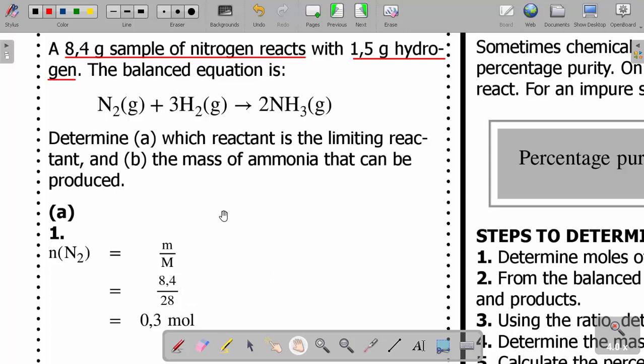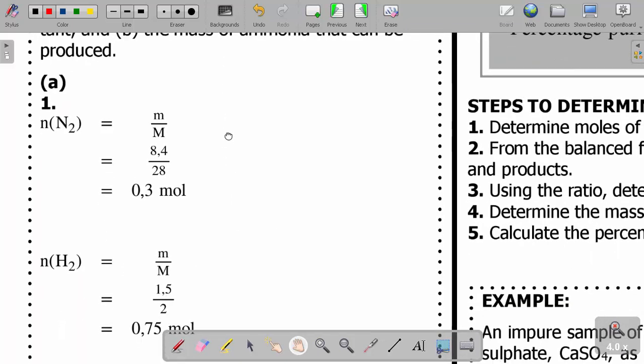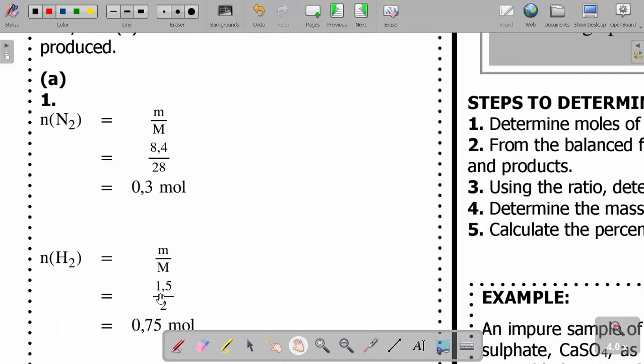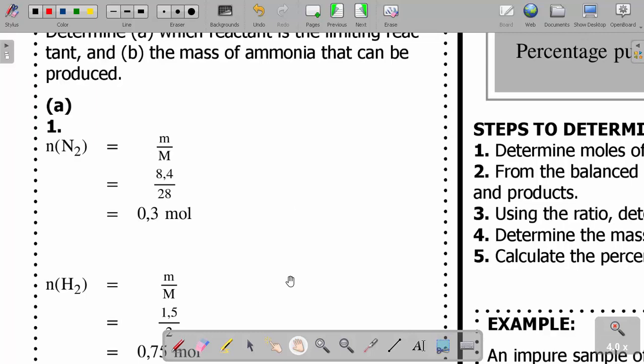Because it is H2, I'm going to have the mass 1,5 divided by 2. 2 coming from 1 times 2 because 1 is the molar mass for hydrogen. Because there are 2, going to be 2 here. So divide here, it gives me what? 0,75 moles.